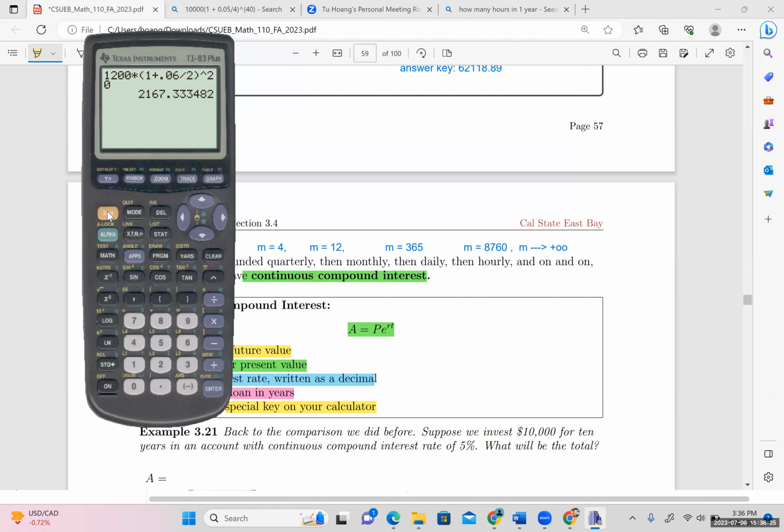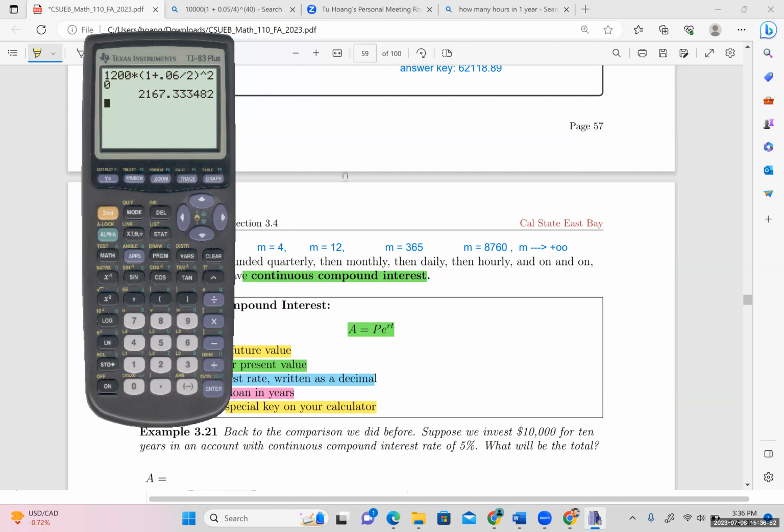So if you want to use the e number, just click second and click the division, and you have e. Another way is second and ln, and you get e raised to power something. Either way, you're going to use that e.